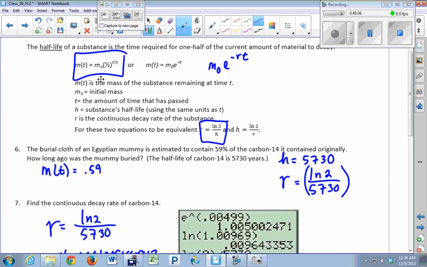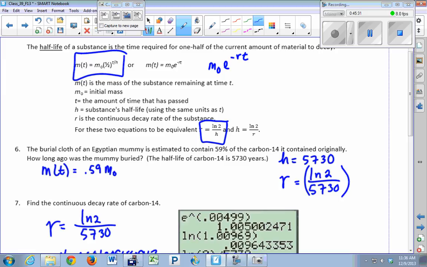That's the amount of carbon. What is the initial mass? m sub naught, right? Right here, initial mass, m sub naught. So when you found the mummy, it had 59% of its initial mass. Remember, percentages in these decimal equivalents have no units attached to them. So it's got to be 59% of some weight, some mass.